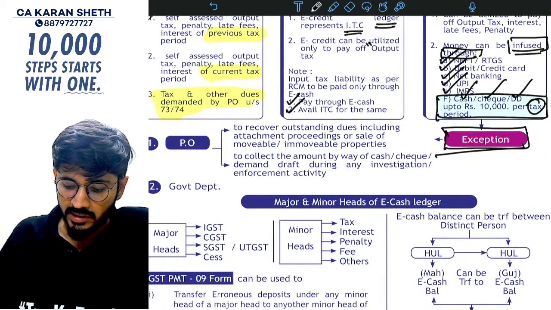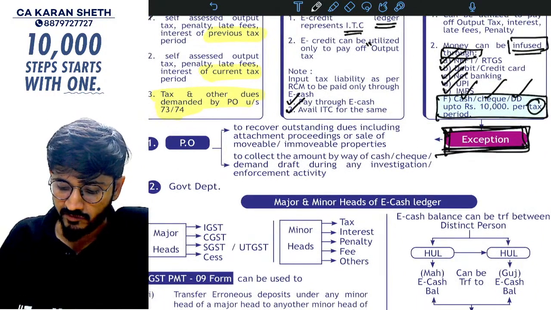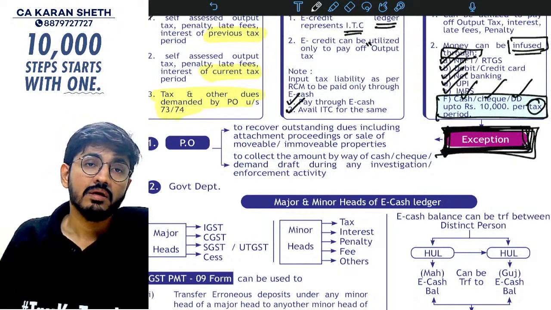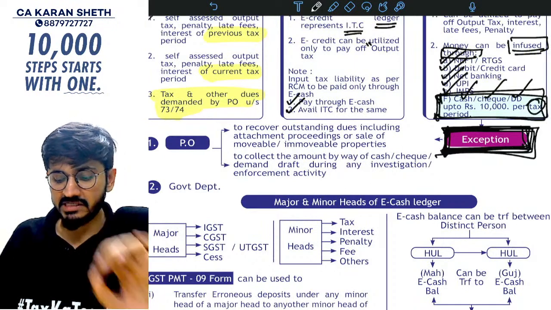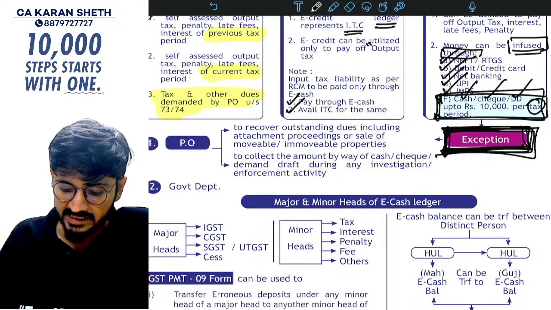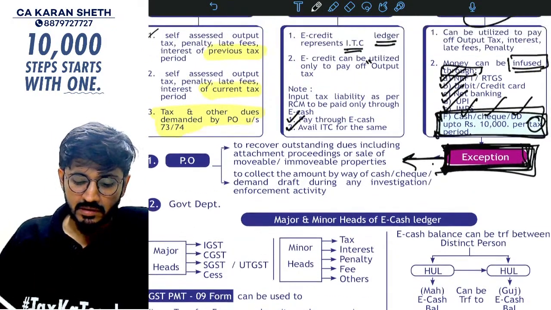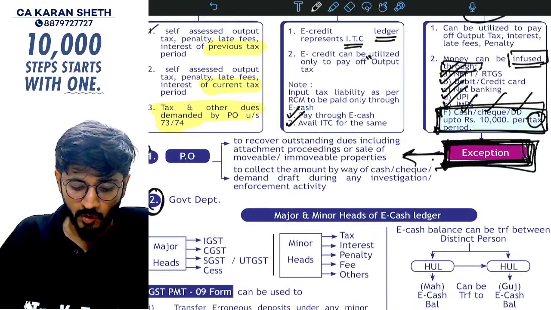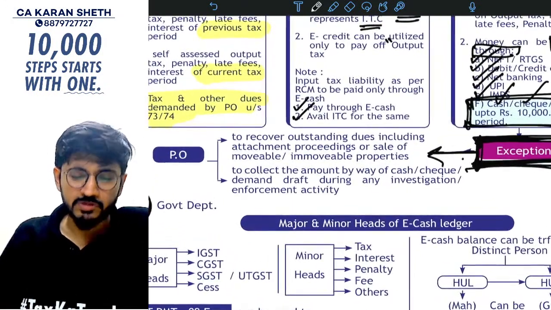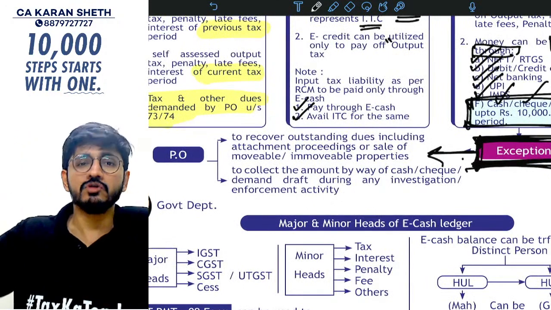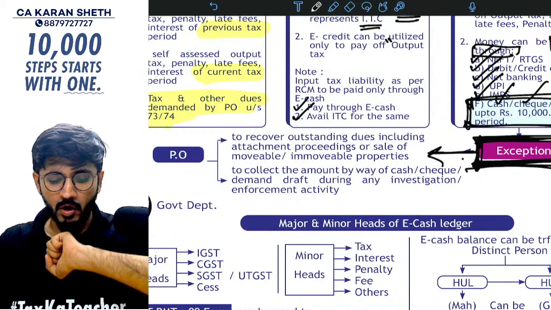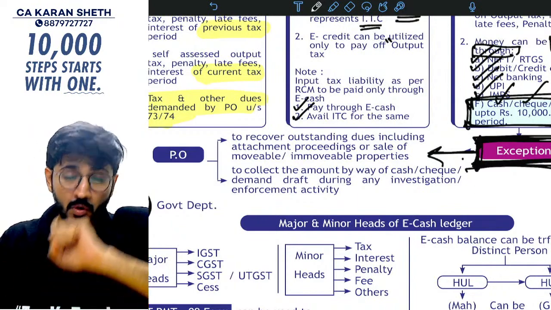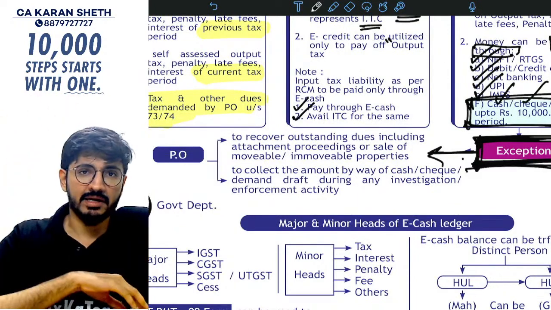It is extremely important, my dear friends, to understand that this condition applies only to cash, check, and DD. Now the exception is when a government department or proper officer has recovered loads of cash through investigation, scrutiny, or auction.